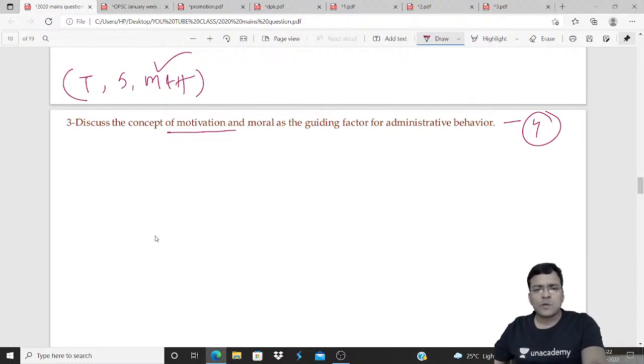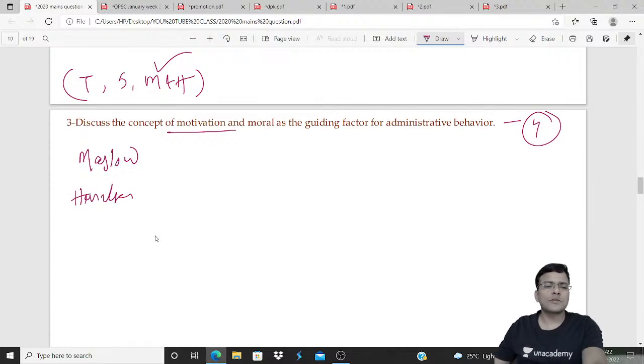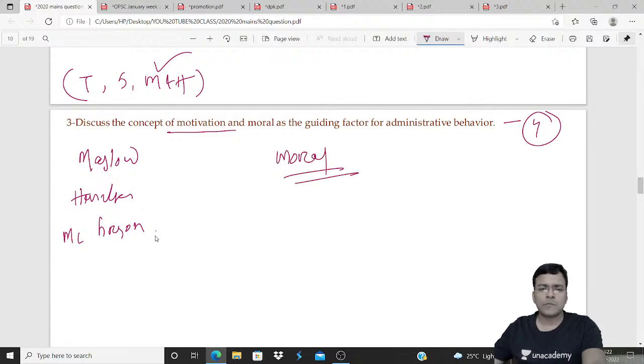So what is motivation? Maslow, Herzberg's idea of motivation, the comparative analysis between them, and write something about McGregor and what is morale. 10 points, that this will increase morale. So yes, it is a good question.